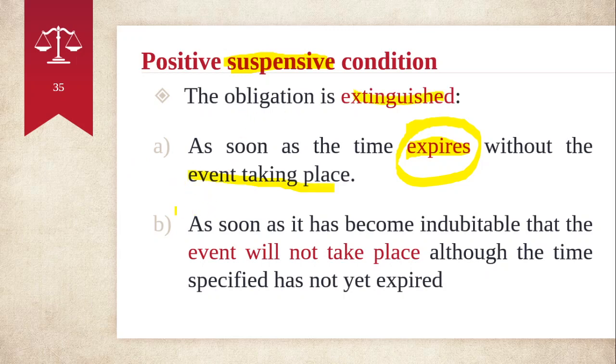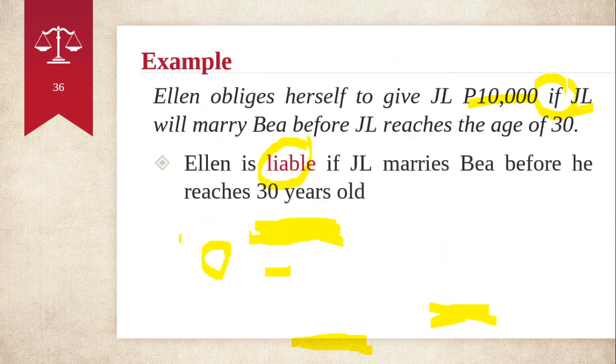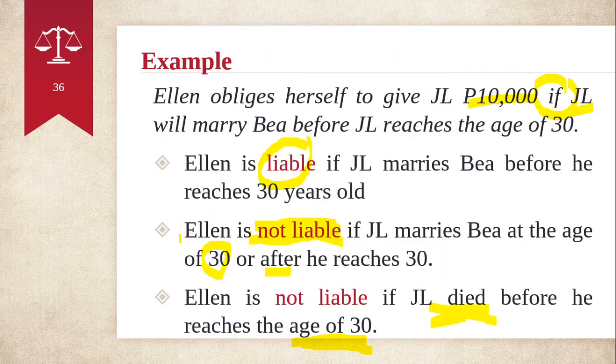Or, it is not possible na the event will take place. You're sure already na hindi na siya mangyayari kahit pa hindi pa dumating yung deadline. Kahit pa hindi pa siya dumating ng 30, pero sure ka nang hindi mangyayari dahil JL is already dead. Okay? So, that's the time that the obligation will now be extinguished.